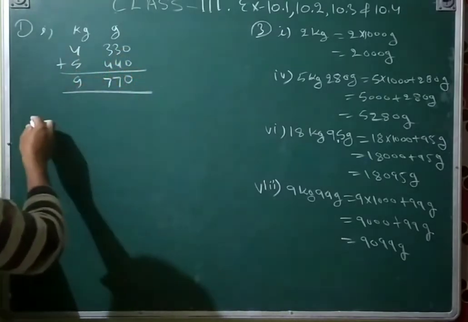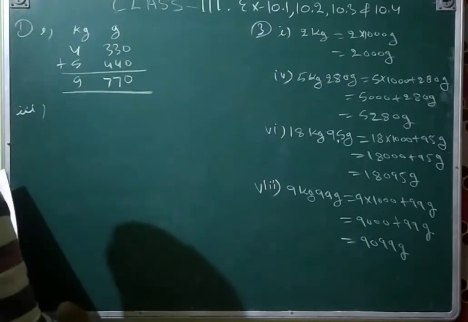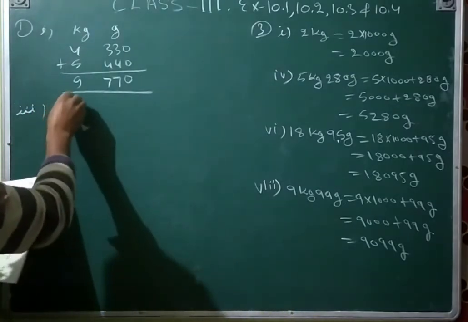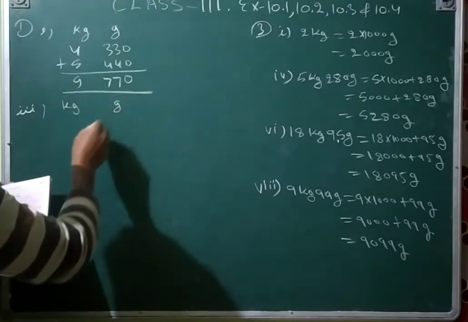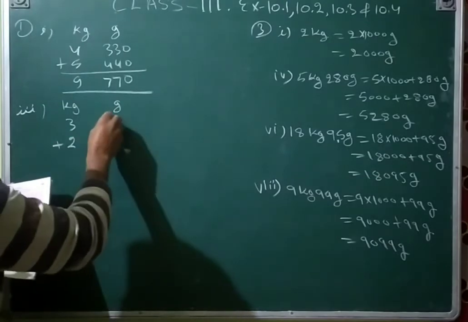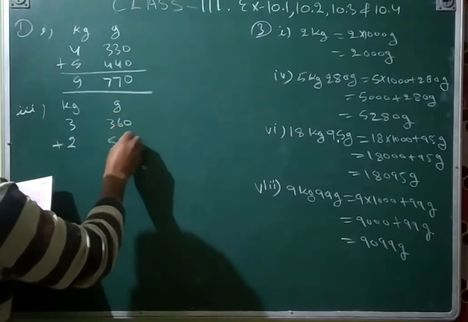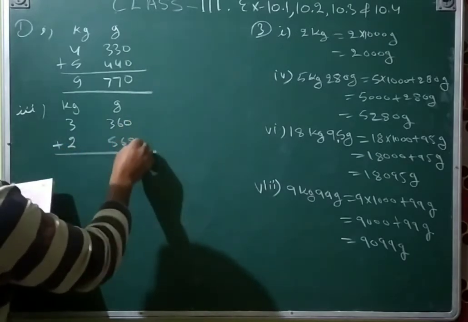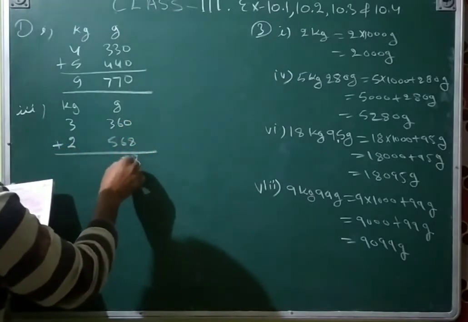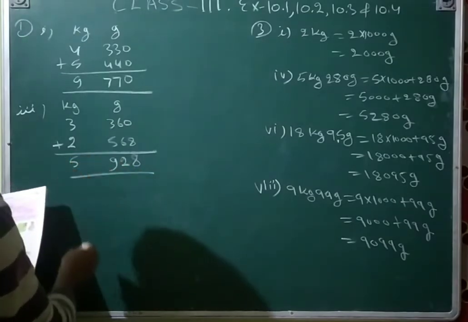And then the third part, kg and gram: 3 and 2, this is 360 and then 568, and the answer is 8 kg 925 gram.